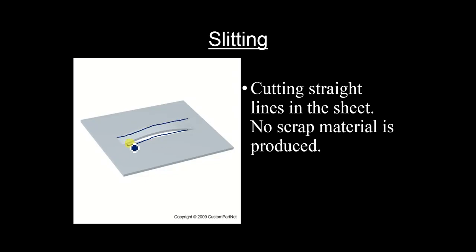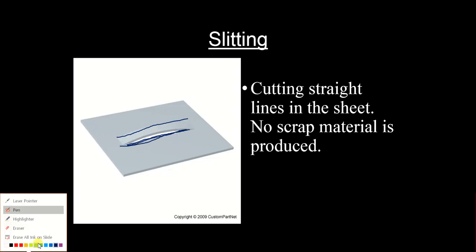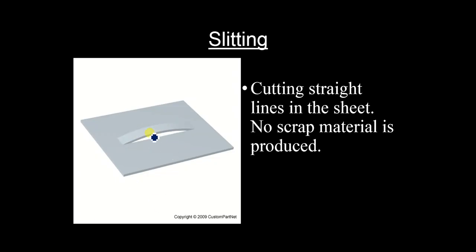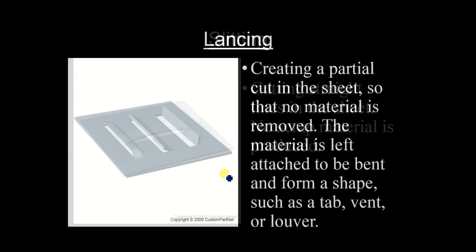So we are kind of creating a rip. We are just utilizing the cutting tool and giving a cut so that the metal comes out like this. I'll just clear everything. Clear? So this is the slitting process. You can see over here, no scrap material is produced in the slitting process. So this is a very simple operation. I hope you have understood it.